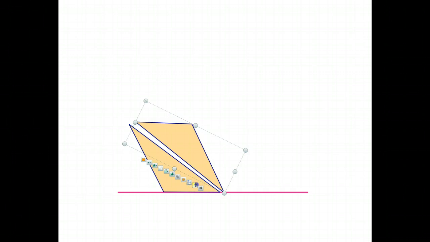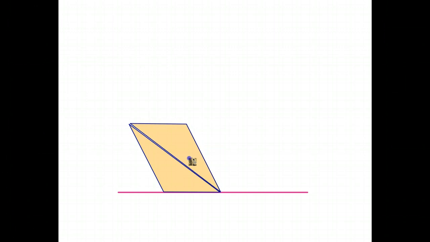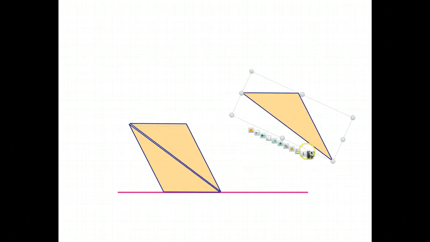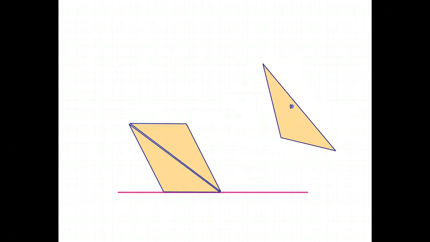By the way, if you don't have an interactive whiteboard but you have a piece of paper, you can just tear off the three angles of a triangle and line them up. It's almost perfect, but not perfectly perfect. This might have to do. And finally, make a third copy, rotate that.